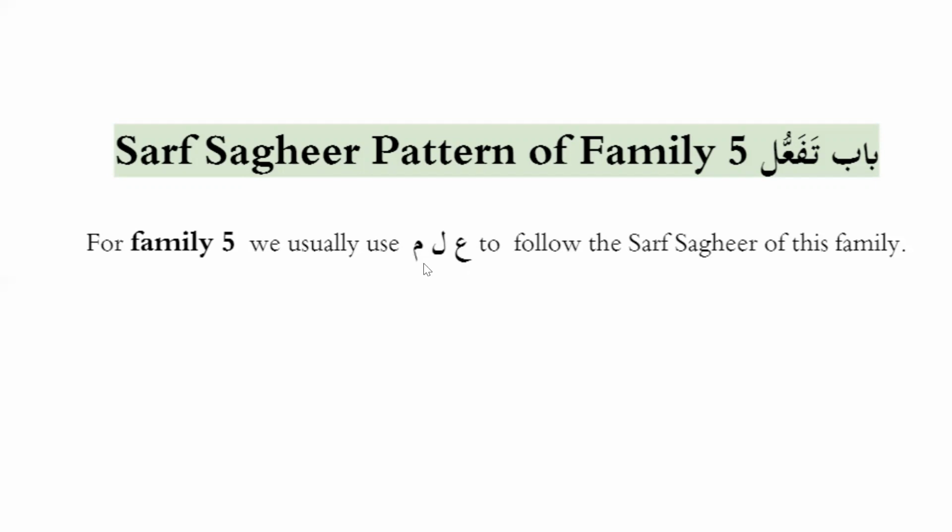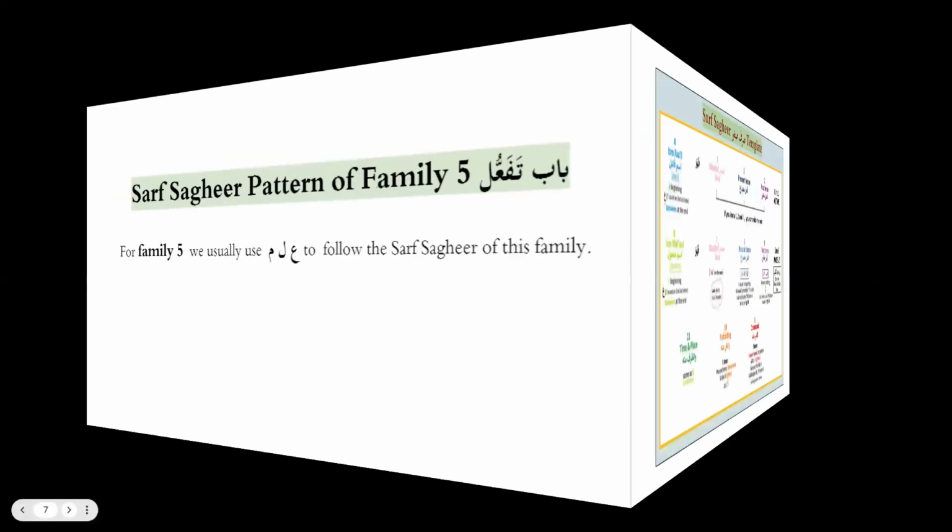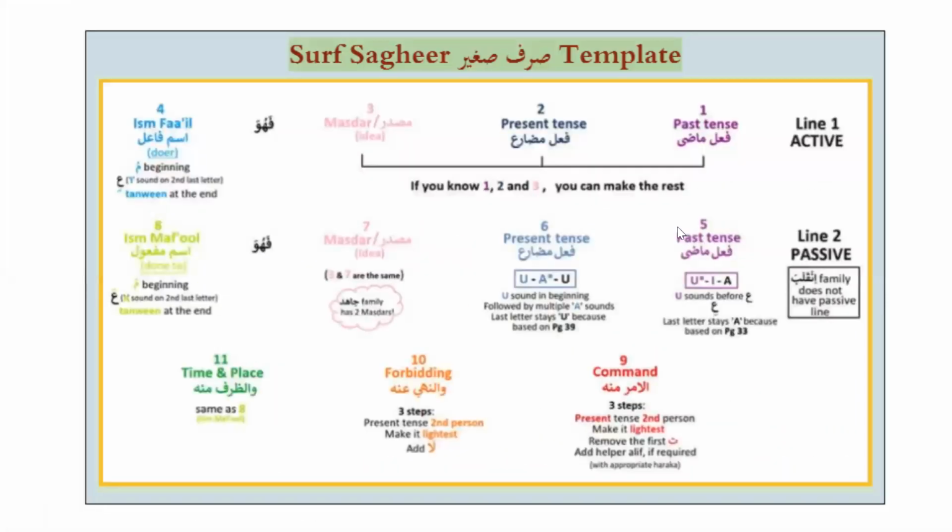We usually take ayn, lam, mim for our practice of sarf saghir in this family. This is a pattern we follow, which is called sarf saghir. Because we are doing this after a short break, I'm just revising this sarf saghir template.